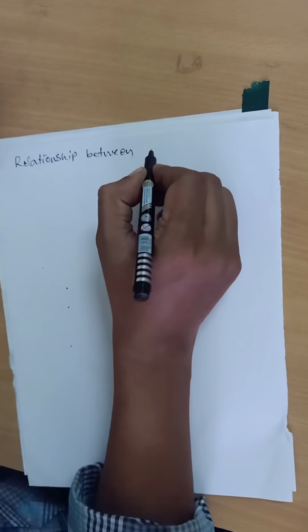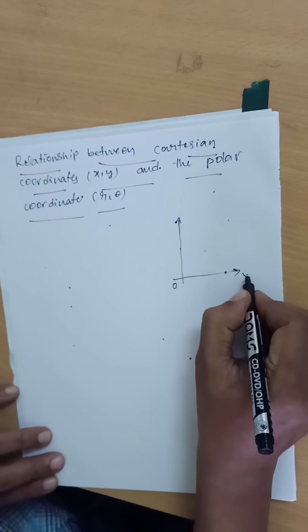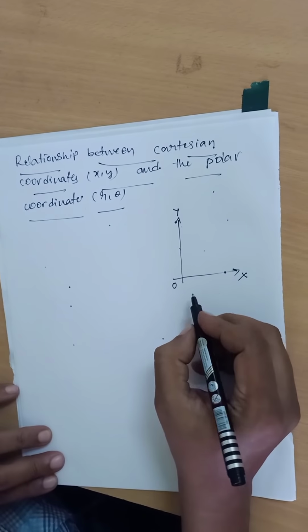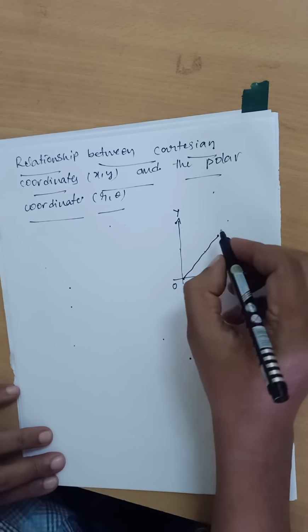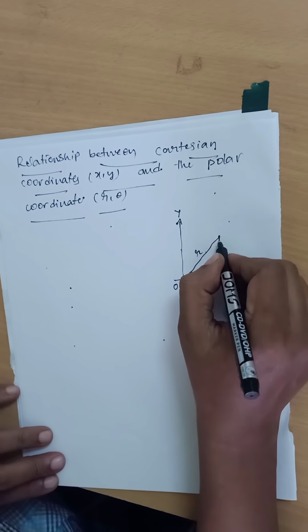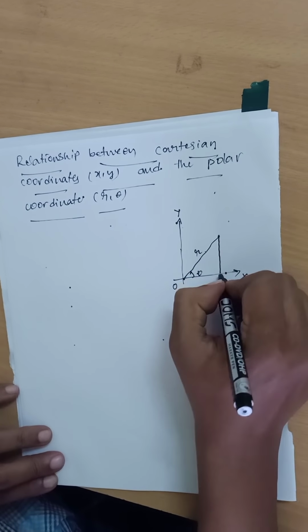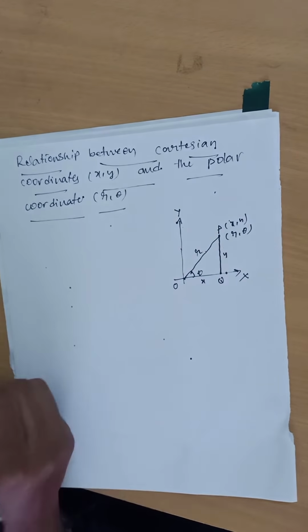With the help of a diagram, O is the origin, with the x axis and y axis. This is the vectorial angle, making an angle theta. Draw this line, we denote it by PQ. So this is y, this is x.